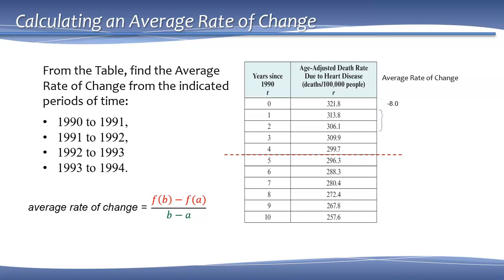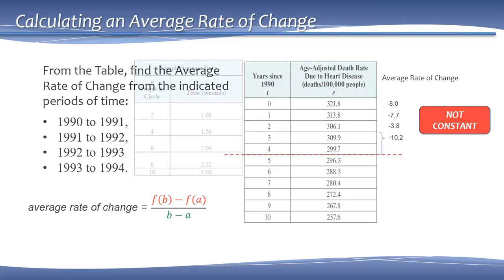The next one is going to be -7.7. The next one is going to be -3.8. And the next one is going to be -10.2. So from here we can see that the average rate of change is not constant.